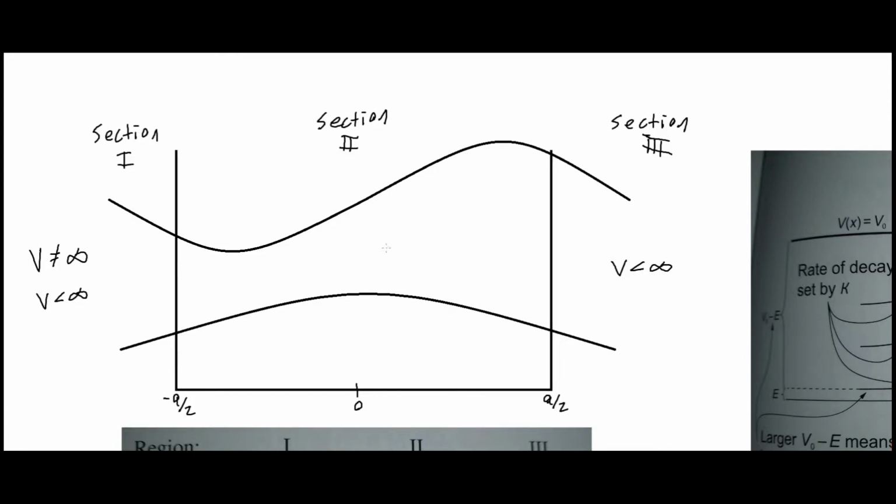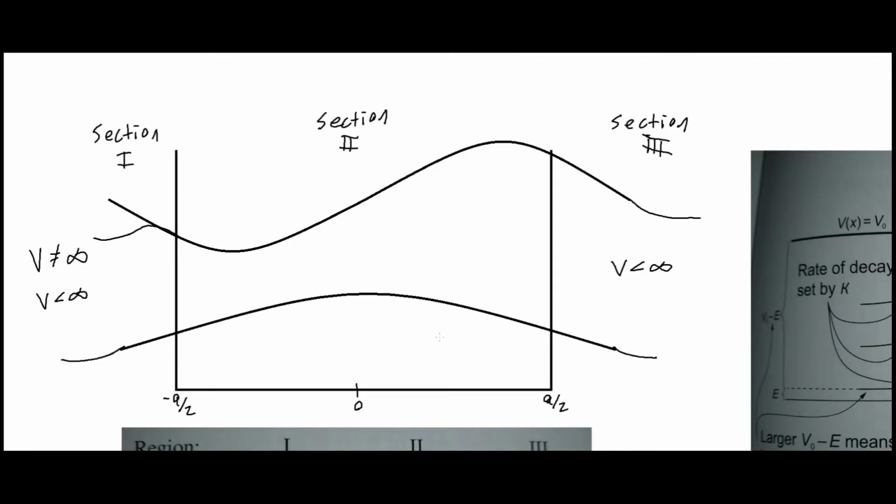And so what that means is that our wave functions here do not go to zero at the edges. So it would look more like this. It goes to zero as you get further away, but it doesn't start at zero. So this will decay down to zero, this will decay down to zero.